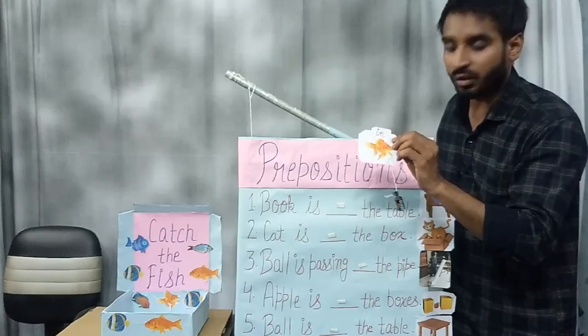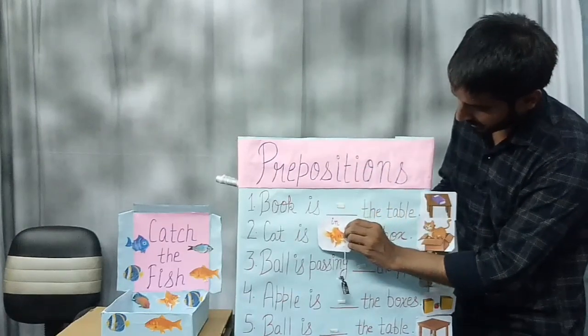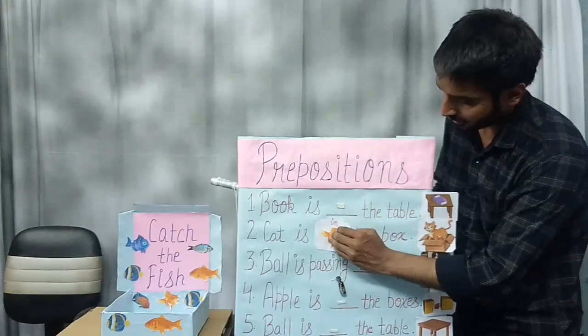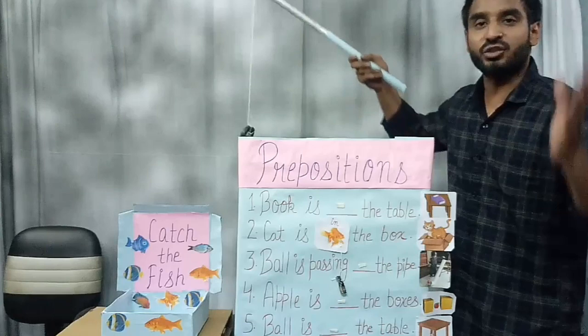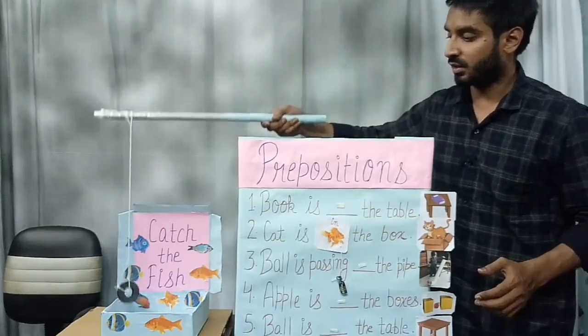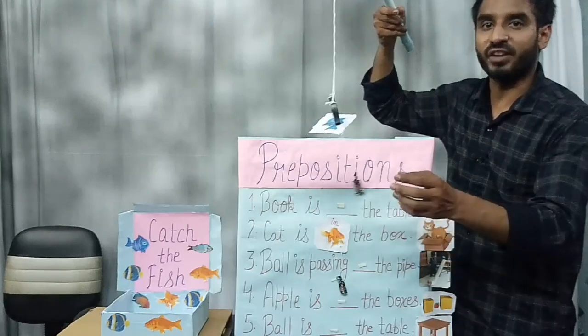So it's "in" on this fish, so "in" is here, the cat is in the box. So it fixes here, candy will be given to the student as a reward. Let's do it once again. So if I catch it again, I got the second fish.